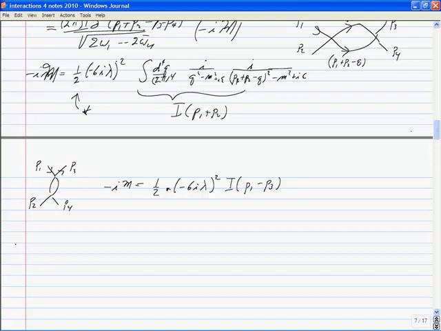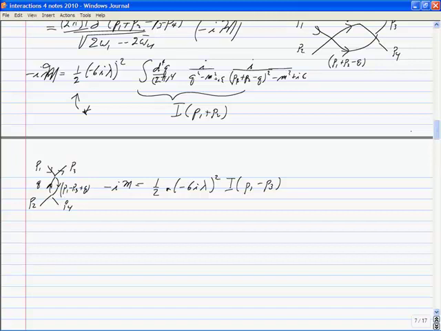If I take this line and I put this one as q, then the momentum flowing here would be p1 minus p3 plus q.